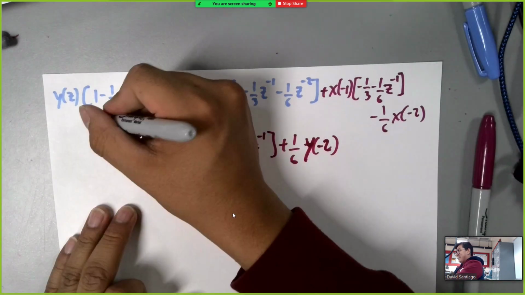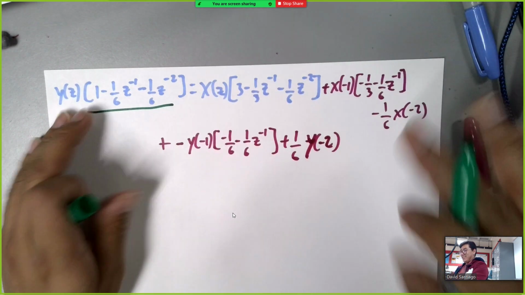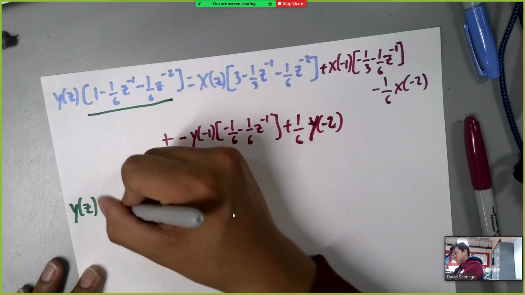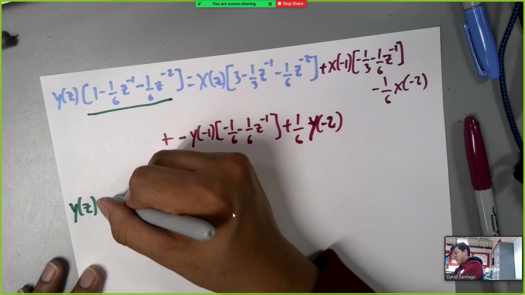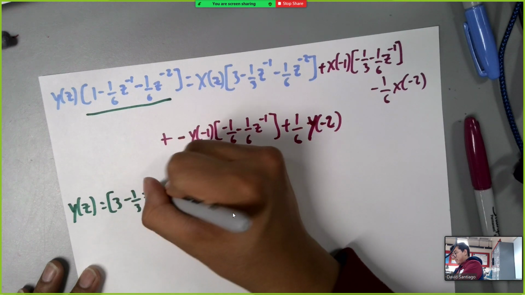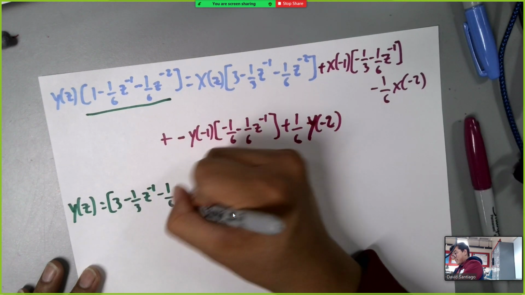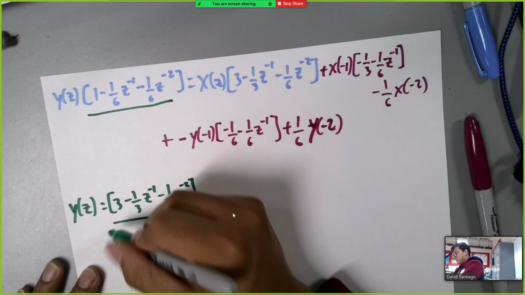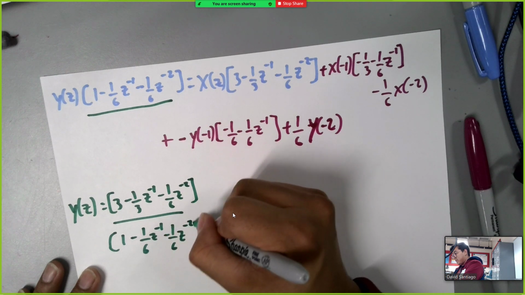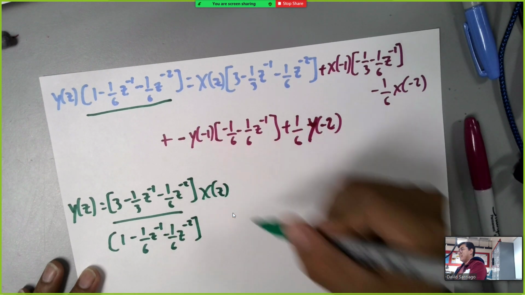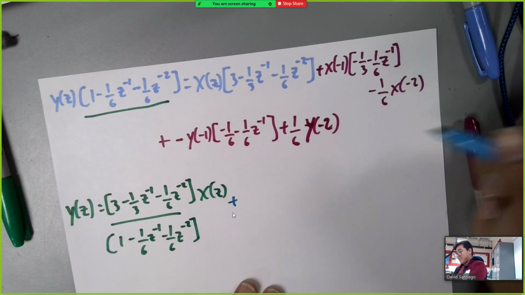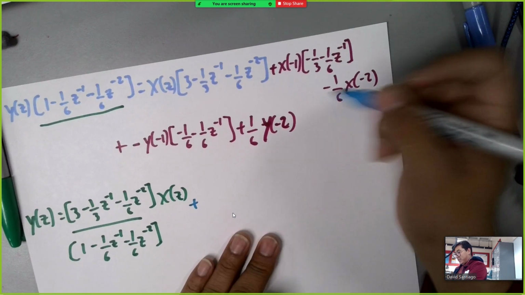And now, you see this term right there? It's divided into every other term to get the following. Y of z is equal to, let's do it right here. 3 minus 1 over 3, z to the minus 1, minus 1 over 6, z to the minus 2, over 1 minus 1 over 6, z to the minus 1, minus 1 over 6, z to the minus 2, times x of z. Okay? And I'm going to use the other marker, plus, and I'm going to write it the following.